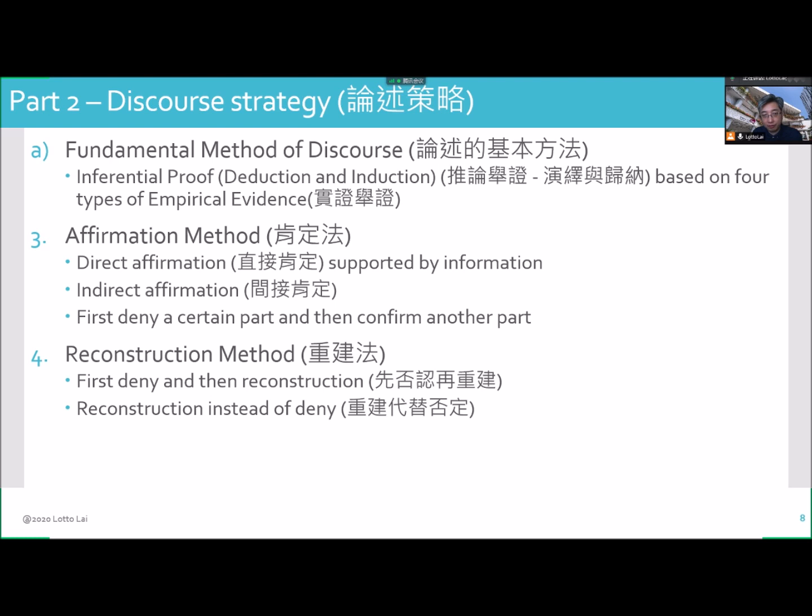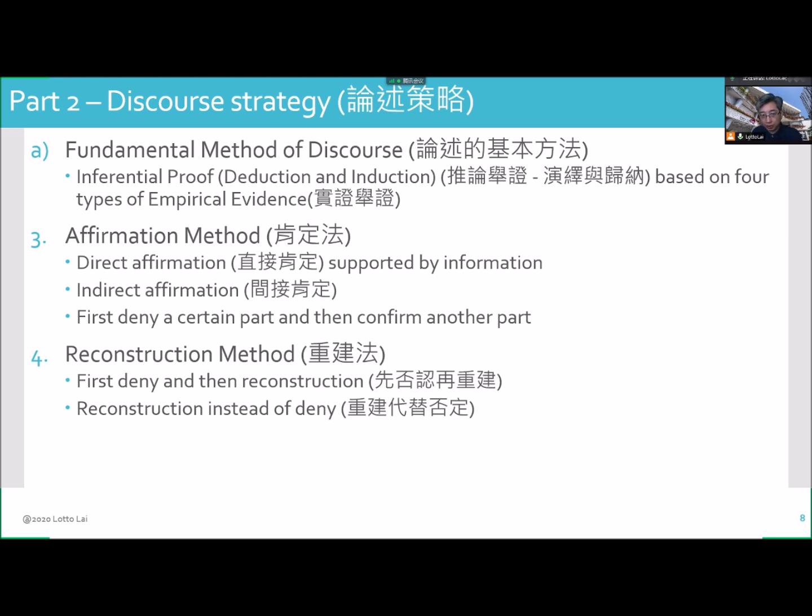The third one is the affirmation method. Direct affirmation is supported by information, or indirect affirmation: first identify a certain part and then confirm another part, which is also indirect.